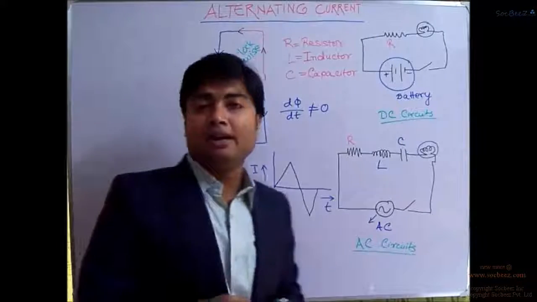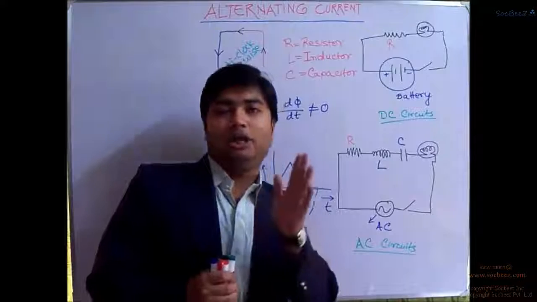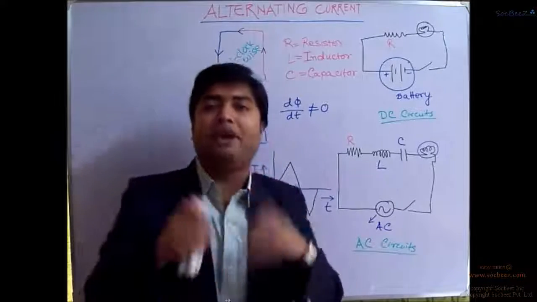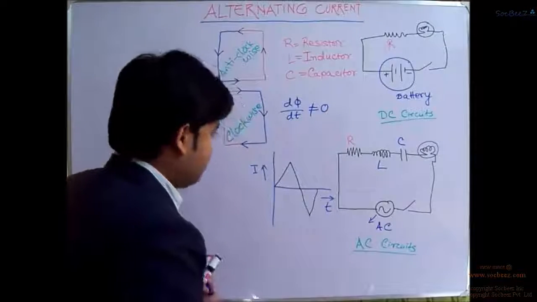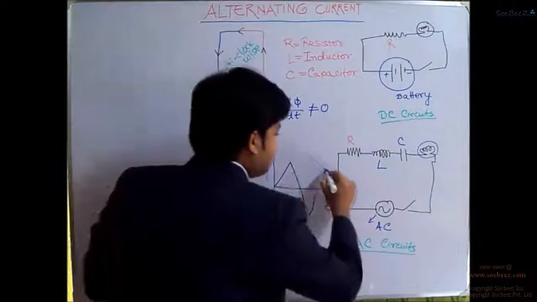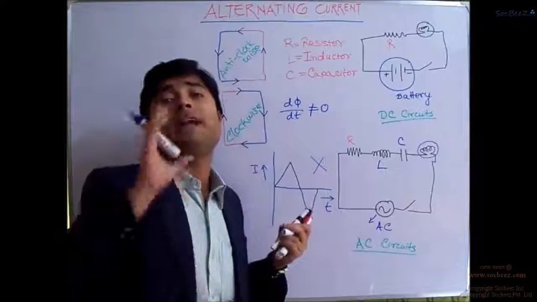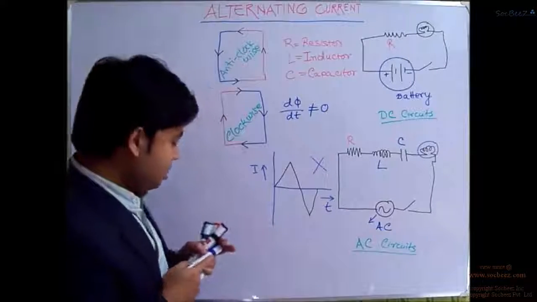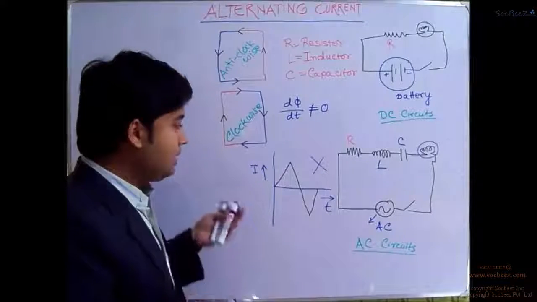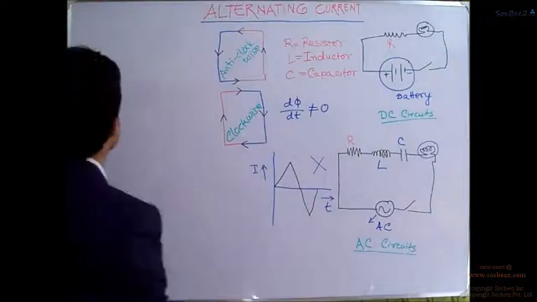But experimentally, it has been observed that the alternating current curve actually follows a sine waveform. So this kind of curve is only meant for your preliminary understanding, but this is not the waveform of an AC circuit or of an alternating current. So how will the wave of an alternating current look?